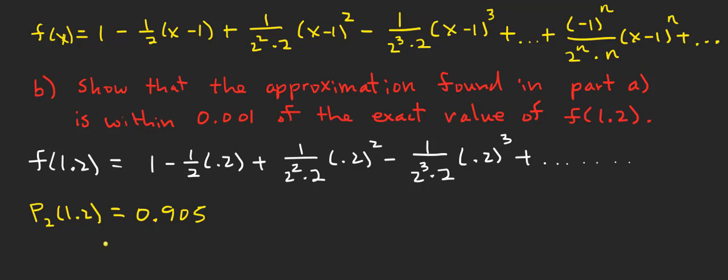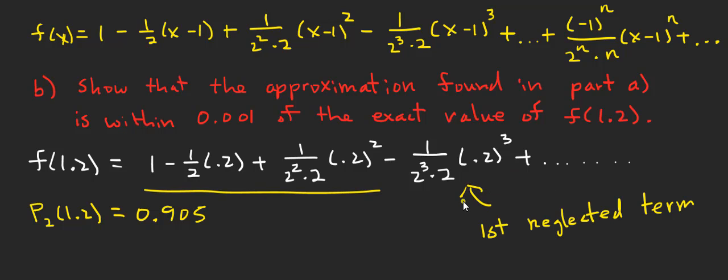And we found in part A that the approximation p sub 2 of 1.2 is 0.905. So we used these three terms to find p sub 2, the approximation of f of 1.2. Now, to find the maximum error, the first unused term is this right here. This will be the first neglected term.